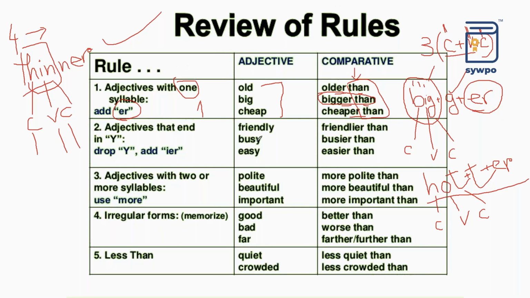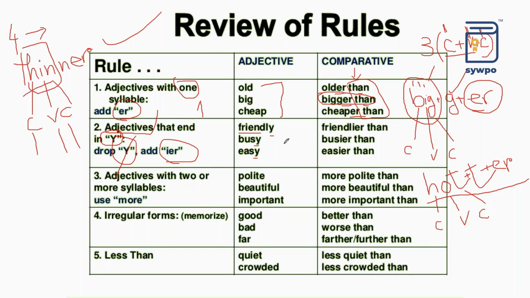Now, if you look at the second rule, we have done this in the verb forms. I'm sure you will be able to remember, but this one is an adjective. So if you have adjectives that have y at the end, we do the same thing. We remove y and add IER to make it comparative. So you have friendly, you have y here. Busy, you have y here. Easy, you have y here.